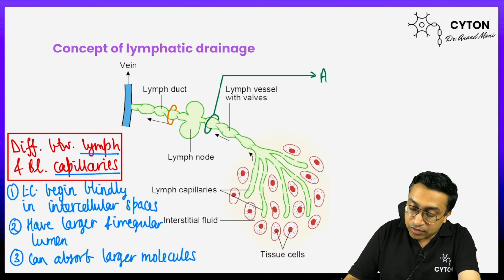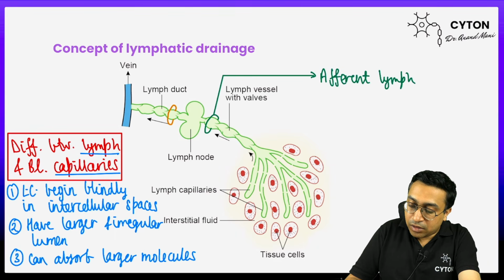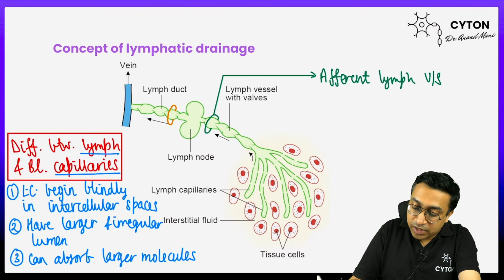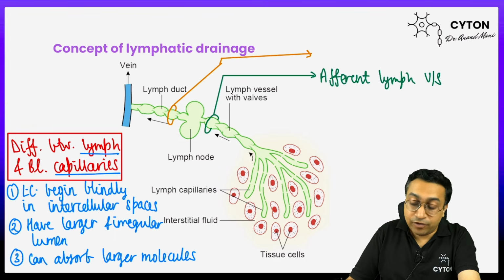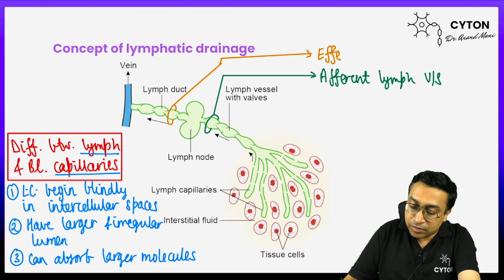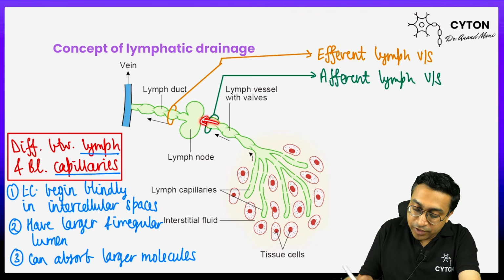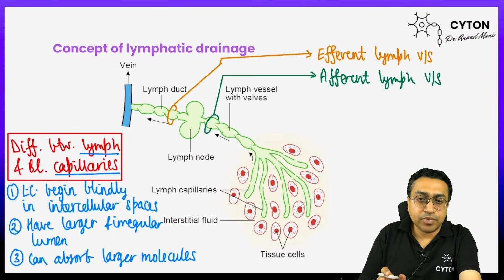Okay, so these are the afferent lymph vessels, whereas this one which I have highlighted here is the efferent lymph vessel. So you can see afferent is entering into the lymph node and efferent is exiting the lymph node. Okay, simple concept, basic understanding.